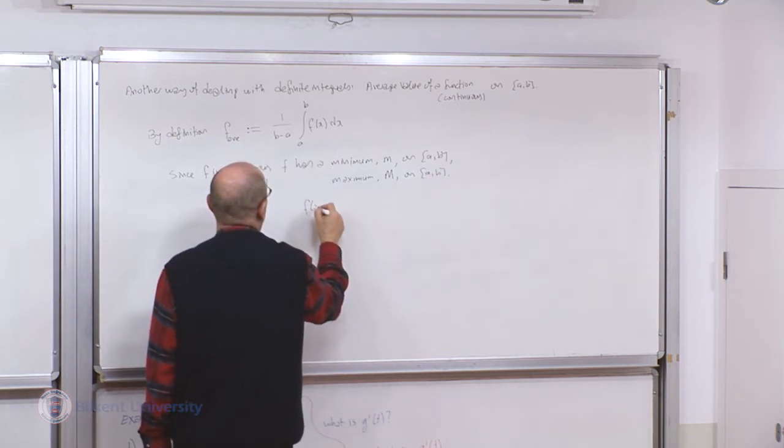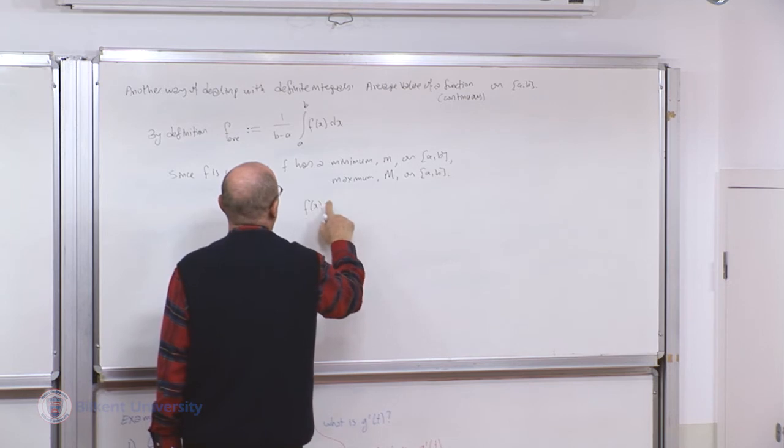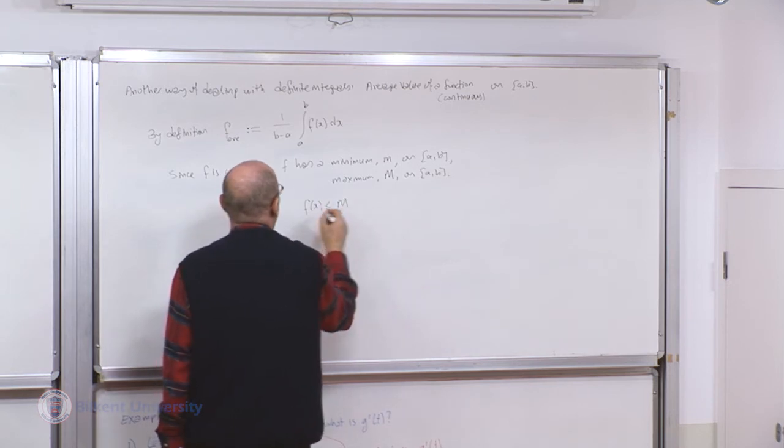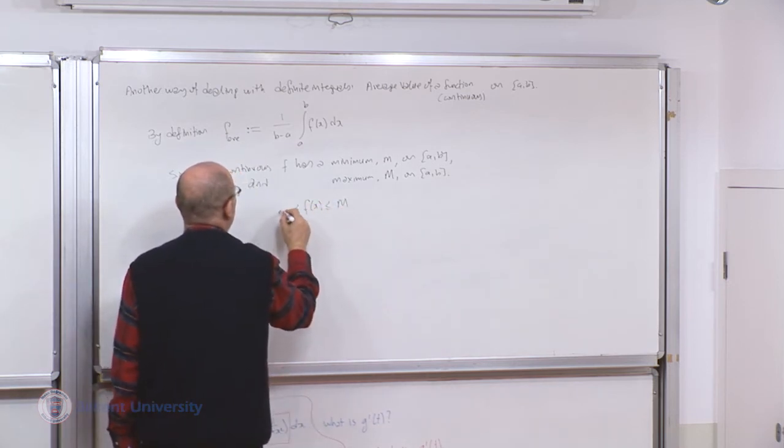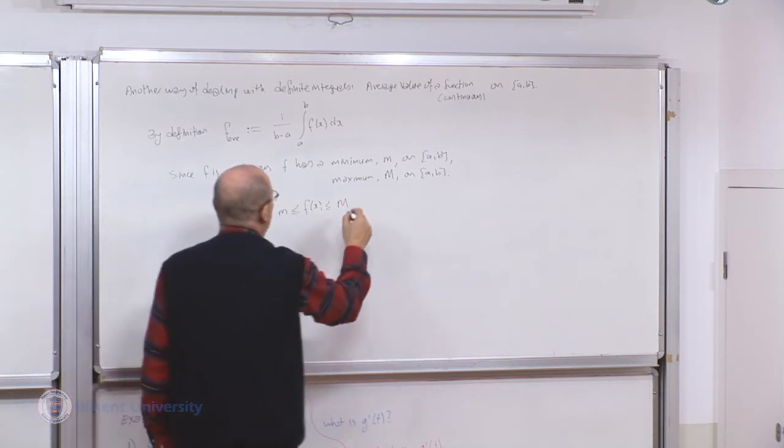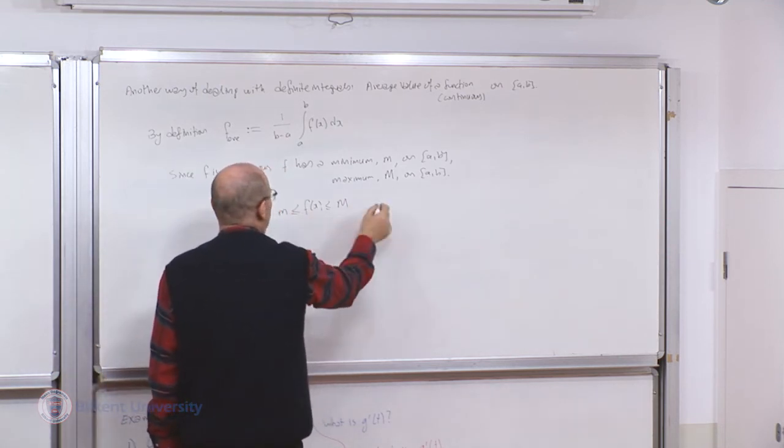So f of x is less than or equal to M, and greater than or equal to small m. I integrate these things.